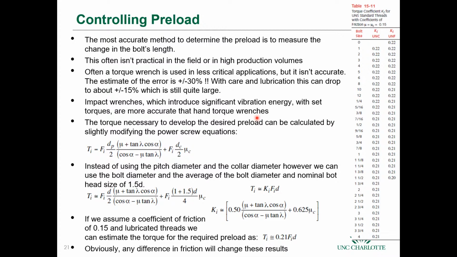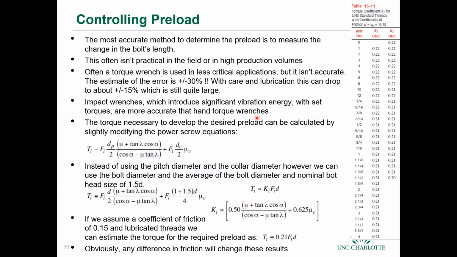Okay, but you may not have access to measure both sides of the bolt, or you may be in higher volume production, or it just isn't practical for you to actually get measurements. They have ultrasonic measurement techniques and other techniques for you to get the bolt length.